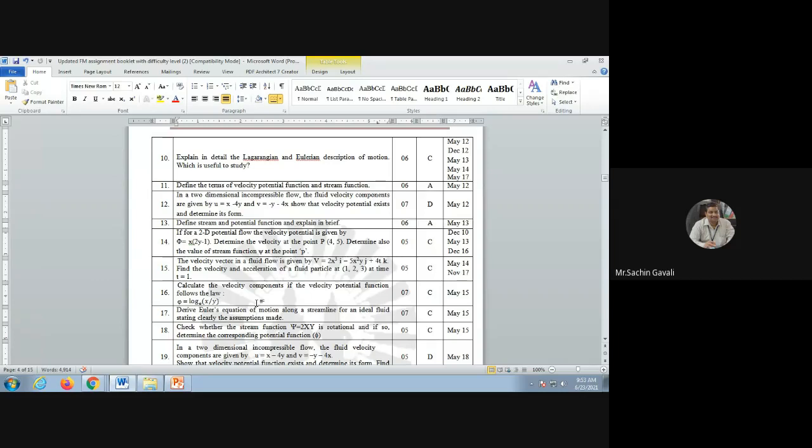Calculate velocity components. If in a two-dimensional incompressible fluid flow the velocity component u is equal to 4xy, so that a velocity potential exists, determine its form.